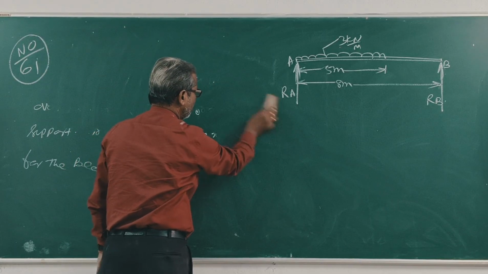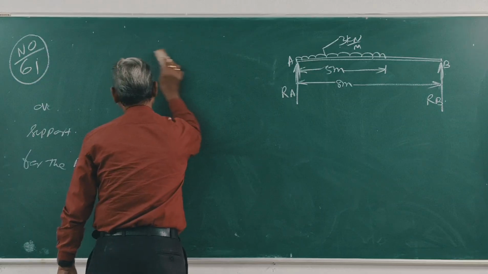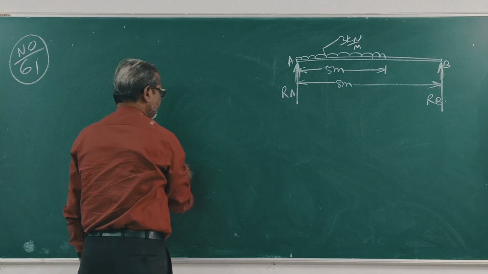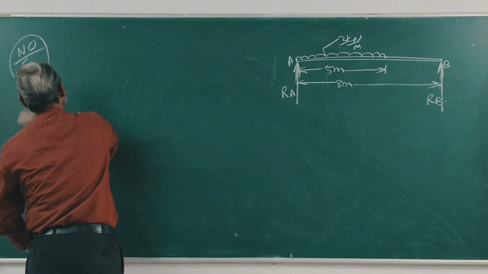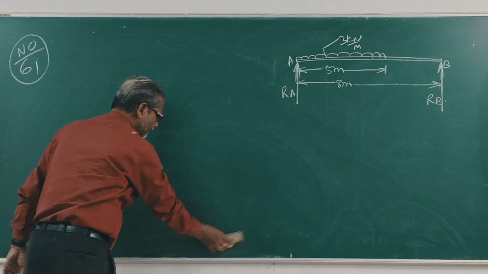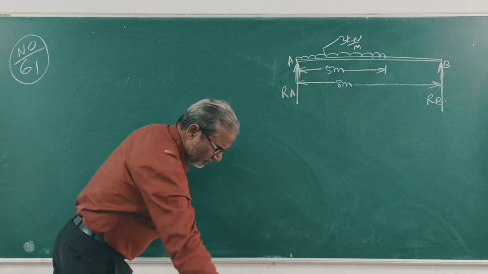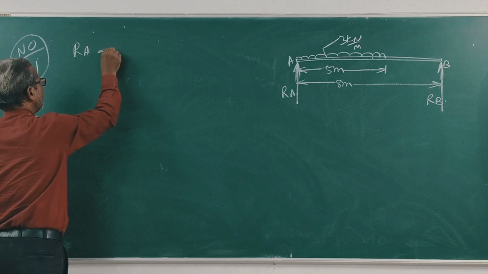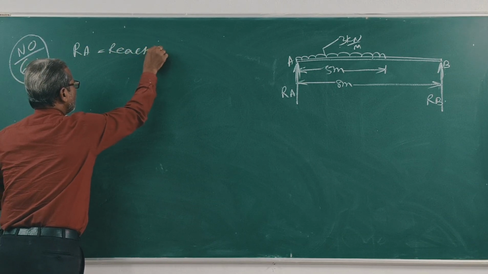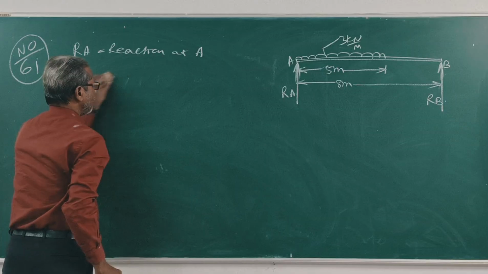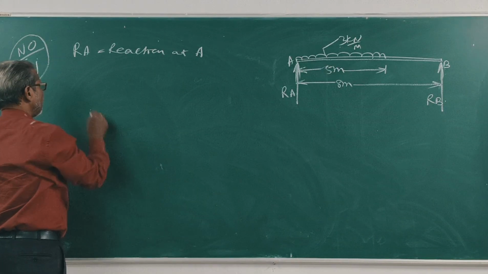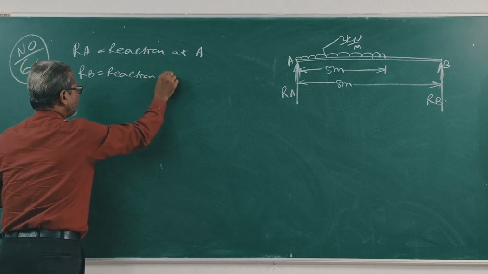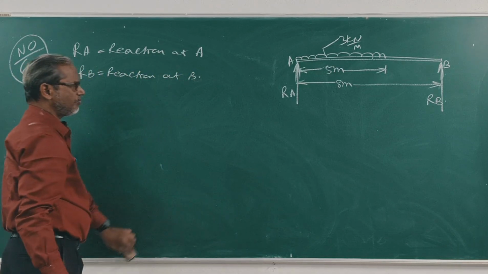First find out the reactions at A and B, that means RA and RB. Let RA is equal to reaction at A, RB is equal to reaction at B. Clear?